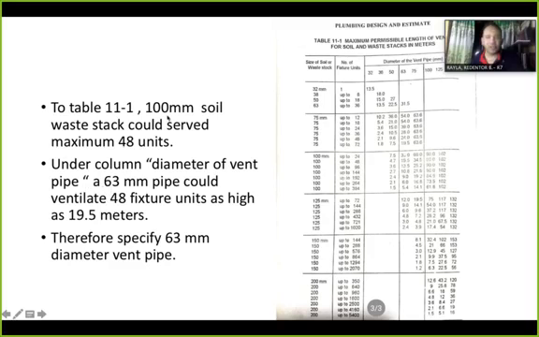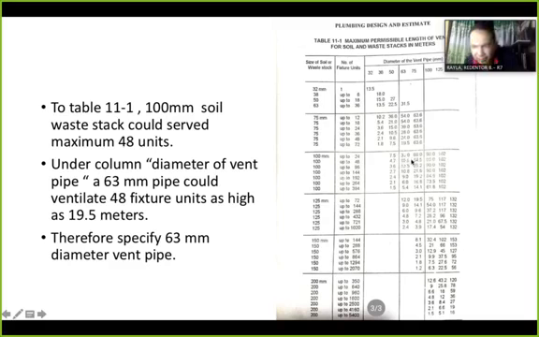So if you go to 100 soil, it's here, then maximum 48 is here. So in this line, you can find the diameter of pipe. So that is 63. So it's here.